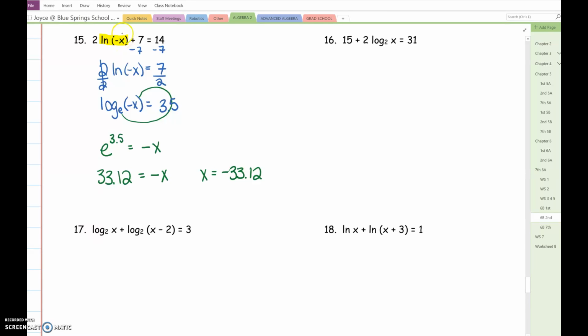When we check this inside the log, because there's a negative in front of the x inside the log, when you put negative 33.12 in there, it would be negative negative 33.12, which would be positive. So that answer works.